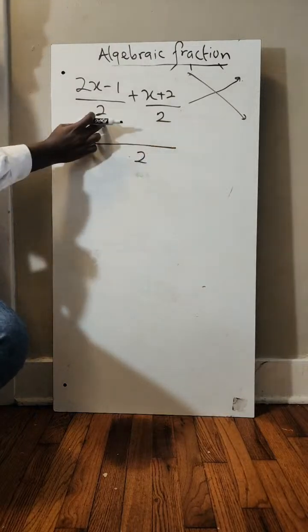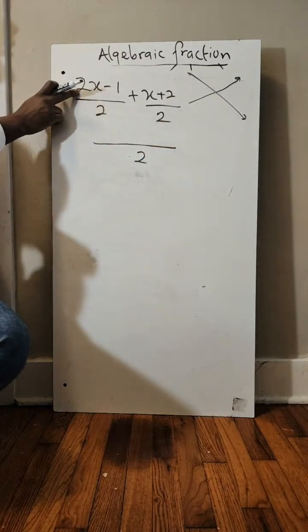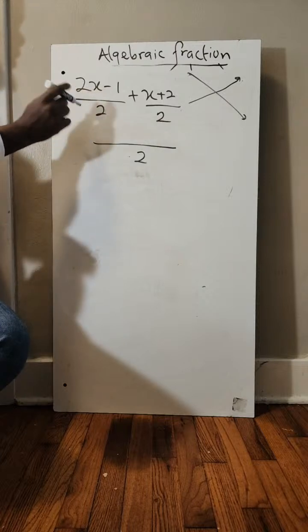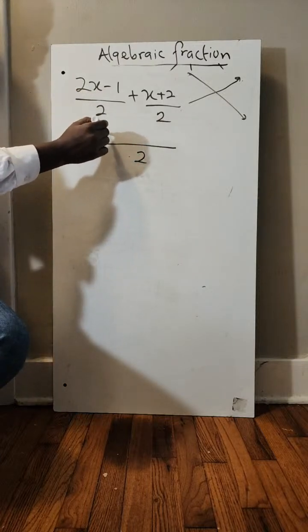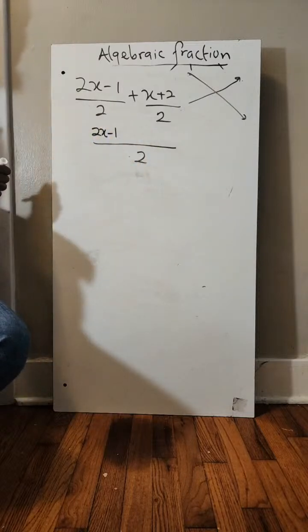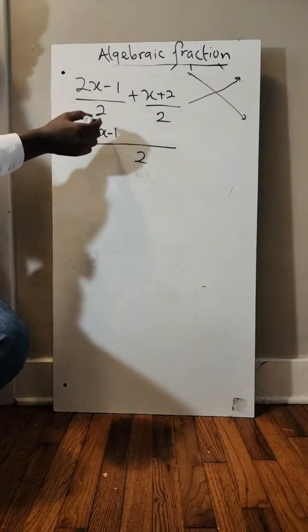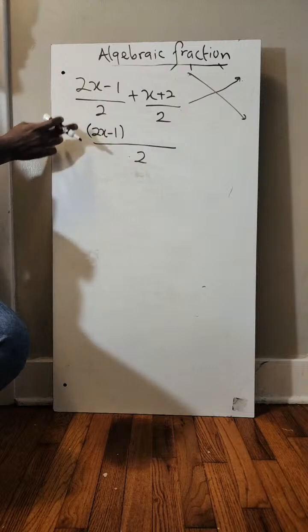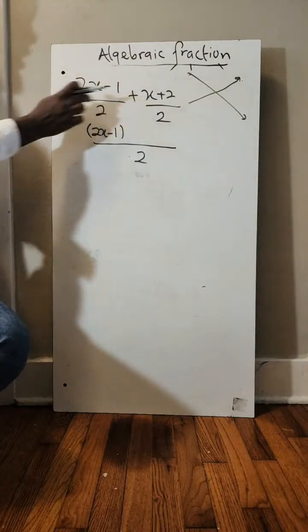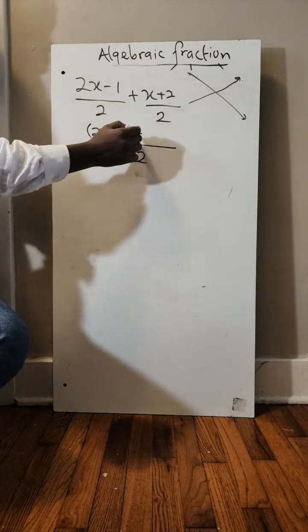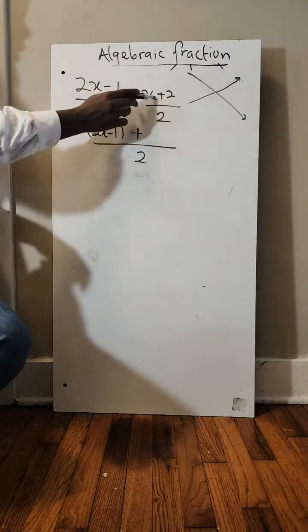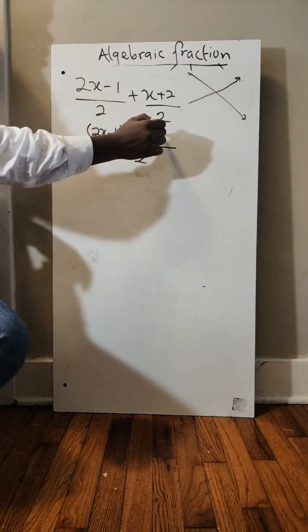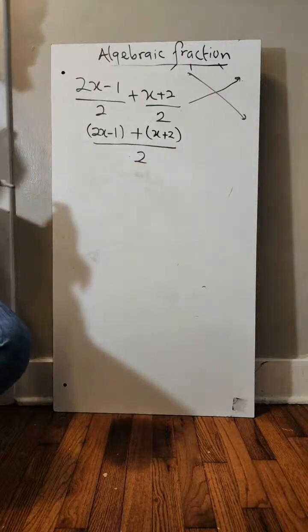Once they have the same denominator, you just rewrite the numerator, which is 2x minus 1. You can put it in parentheses to be safe, plus, which is the sign in the middle, then write out x plus 2.